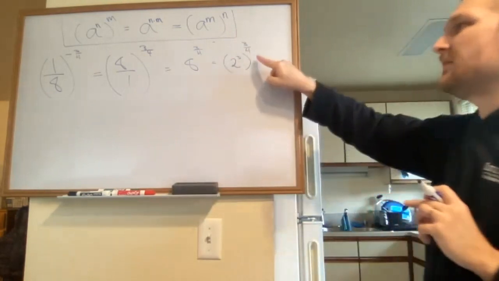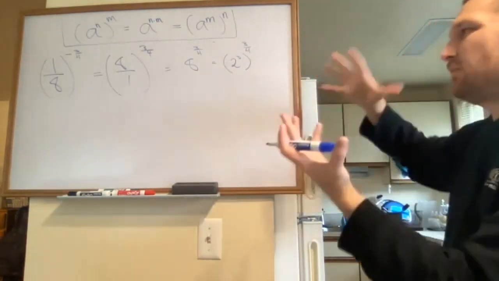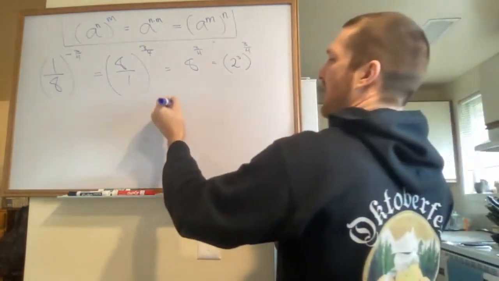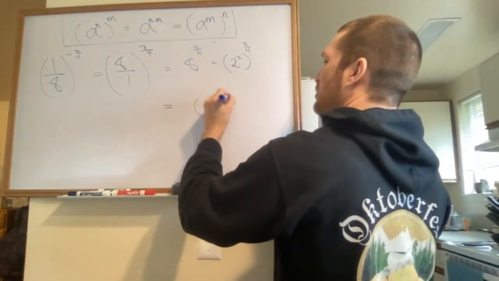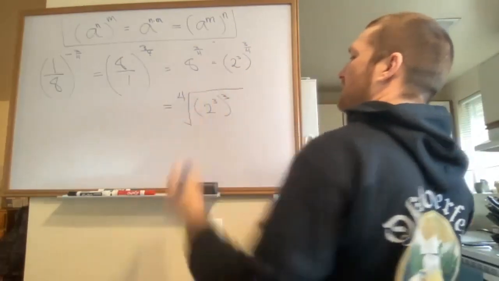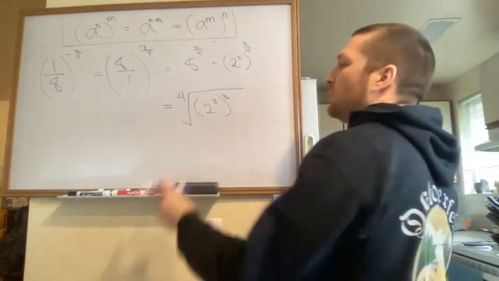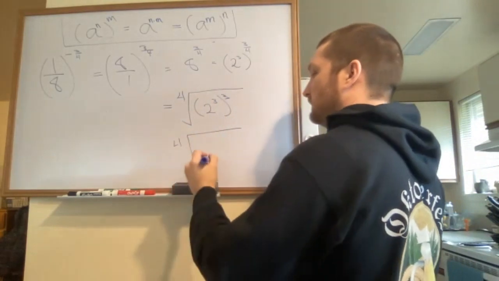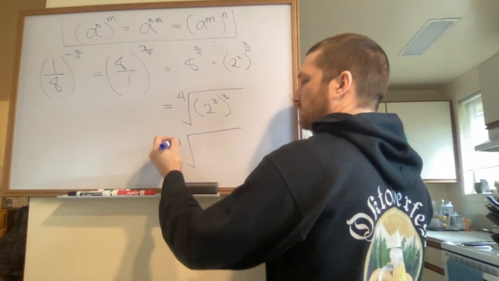Now I'm thinking, okay, if I take a 4th root, I can't pull anything out of it. So that's not really going to help me. Why don't we cube it first and see what happens? So I'm going to rewrite this as 2 to the 3rd, cube it and then take the 4th root of it. 3 times 3 is what? 9.